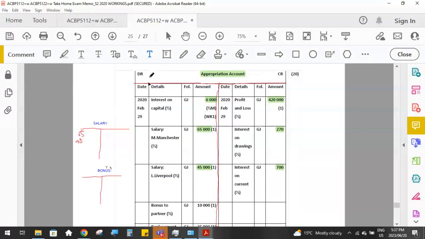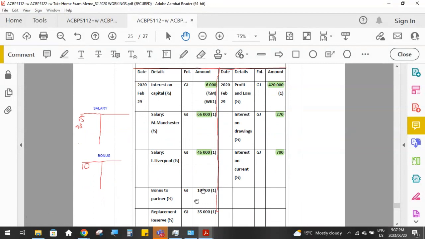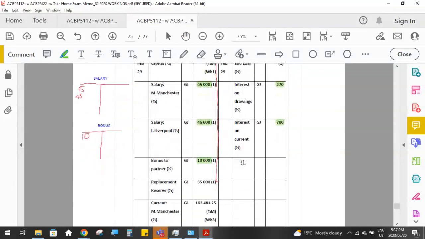We would have debited the bonus account with 10,000 Rand and credited bank with 10,000. Now we are closing this bonus account off to the appropriations account. So we're debiting appropriations with 10,000 and crediting bonus to partner with 10,000.